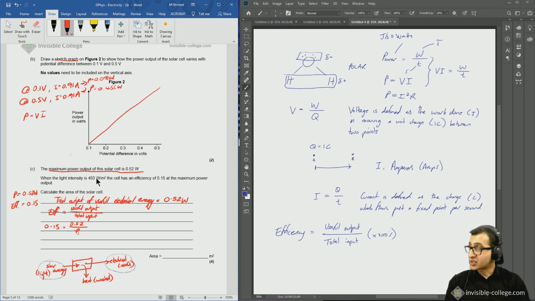So let's rearrange this equation for P sub I. We multiply both sides by P sub I and then divide by 0.15. We get P sub I is equal to 0.52 divided by 0.15. And so we know that the total input power for this particular solar panel, when we evaluate this, is going to be 3.47 watts.